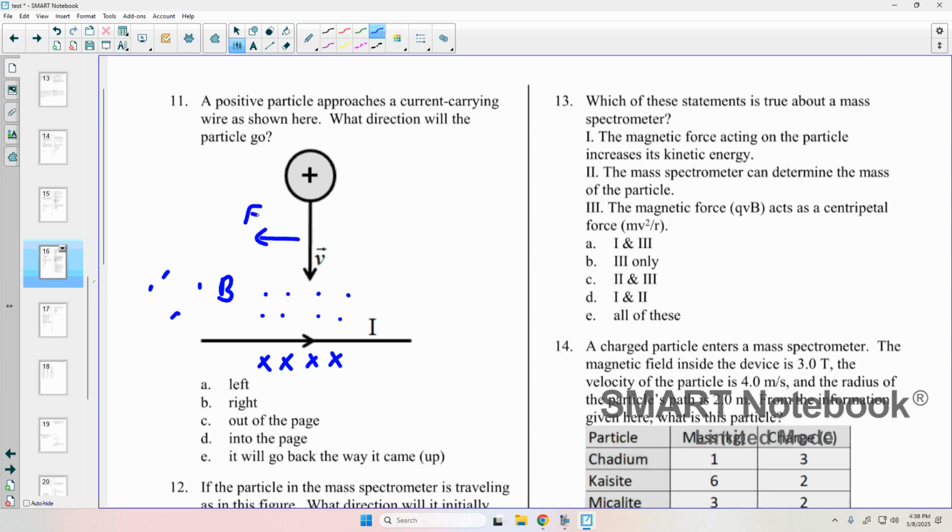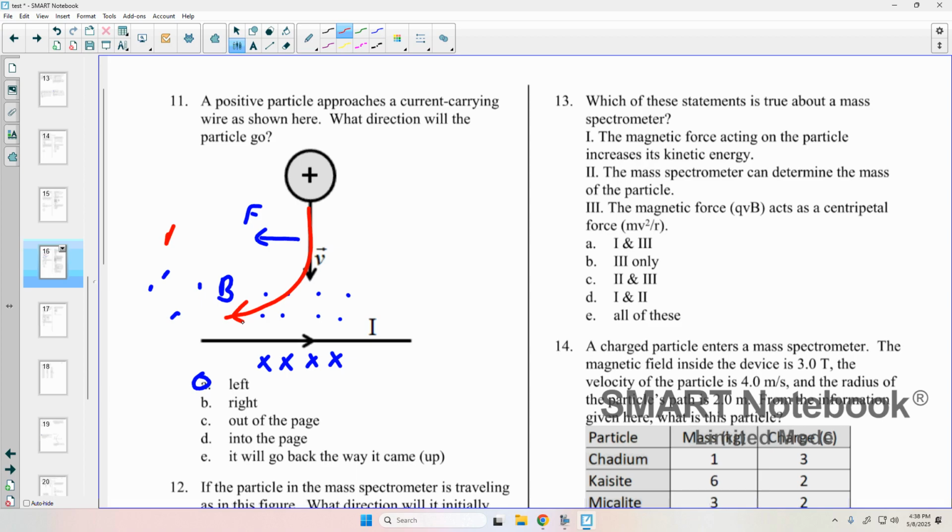So that's the answer to that question. Now, I could also say that the path of this particle is in that direction, and then I would ask you, what is the direction of the current? And you would have to first figure out what is the direction of the magnetic field that causes that motion, which would be out of the page.